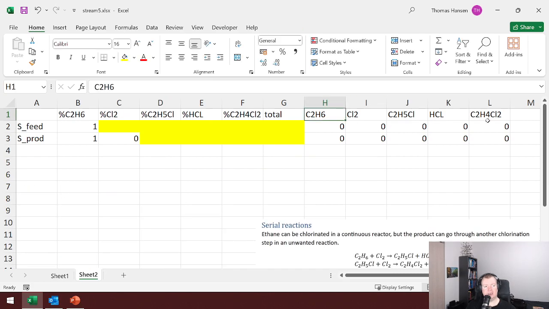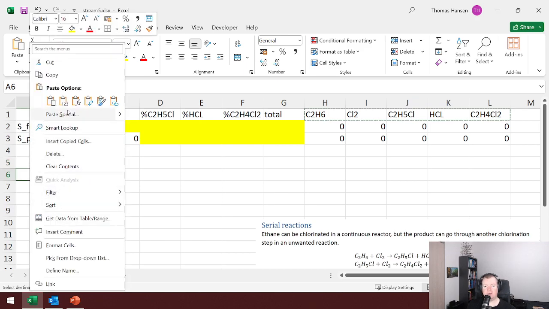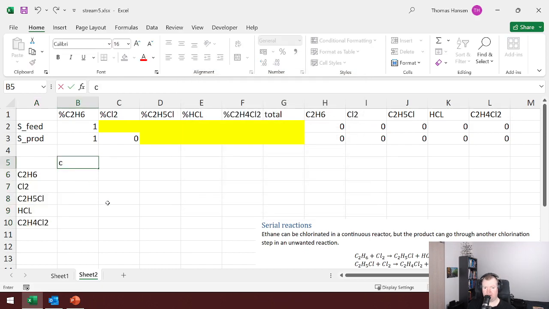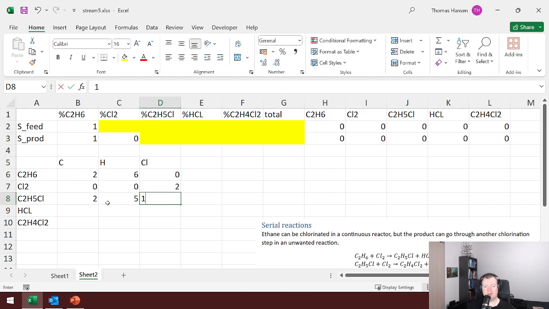So we once again grab all of our components and paste them transposed. We have carbon, hydrogen, and in this case, chlorine. 2 there, 6 there, none there, none there, none there, 2 there, 2 there, 5 there, 1 there, none, 1, 1, and 2, 4, 2.